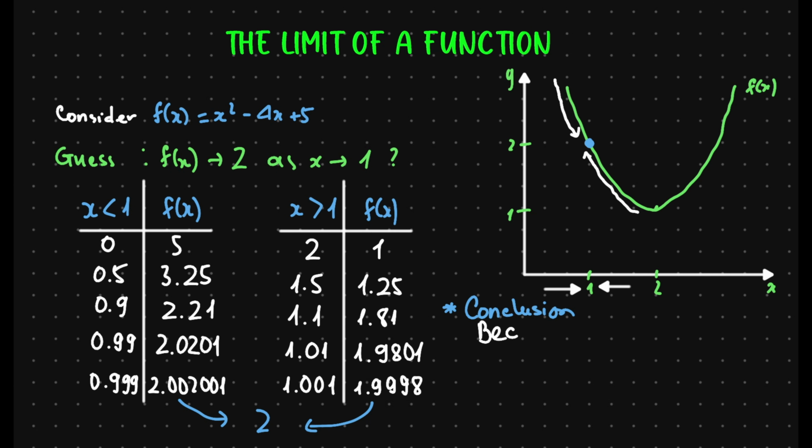Because the function f(x) approaches 2 as shown on the graph, and also confirmed by our tables, f(x) gets closer to 2 as x approaches 1. Therefore, we can say that the limit of the function f(x) as x approaches 1 is equal to 2.